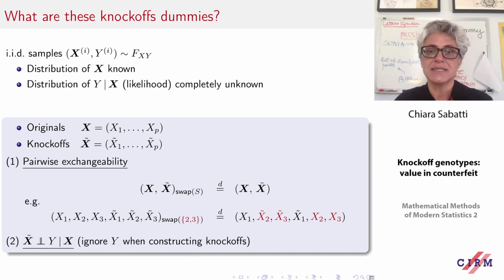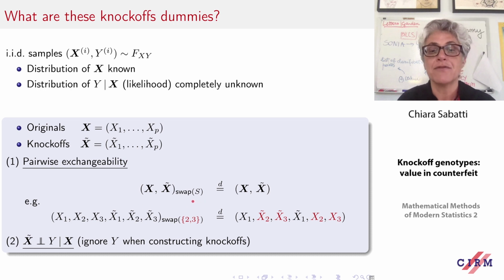So what are these special Knockoff dummies? Here we see their basic characteristics. We have the original set of variables, the Knockoff dummy version of those, and the property that has to hold is what we call pairwise exchangeability.